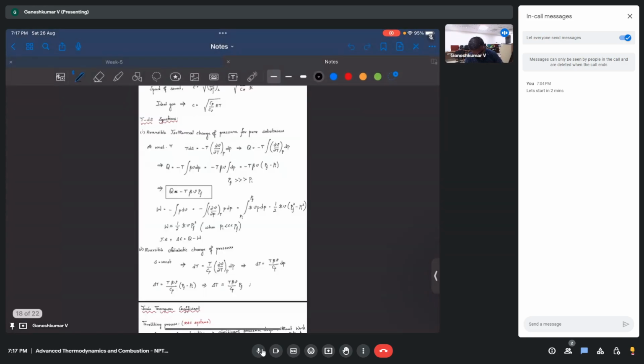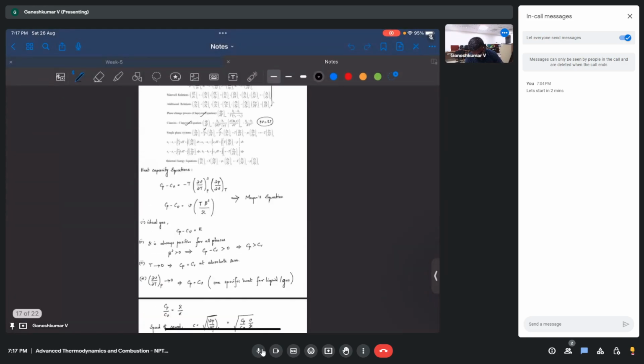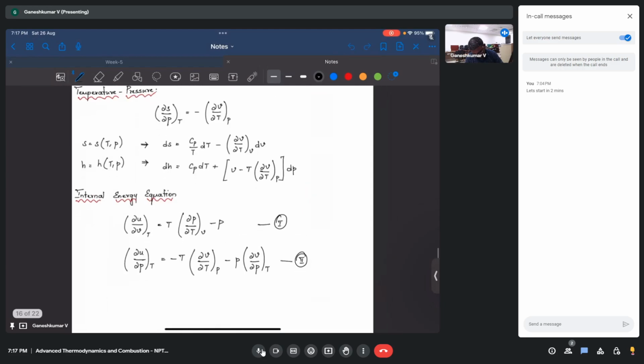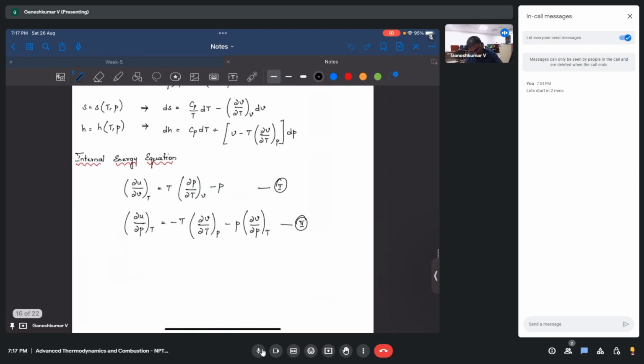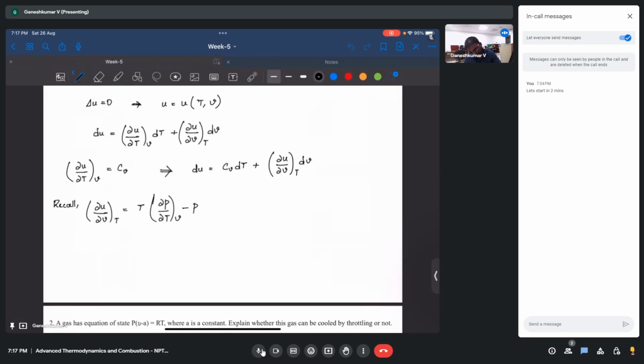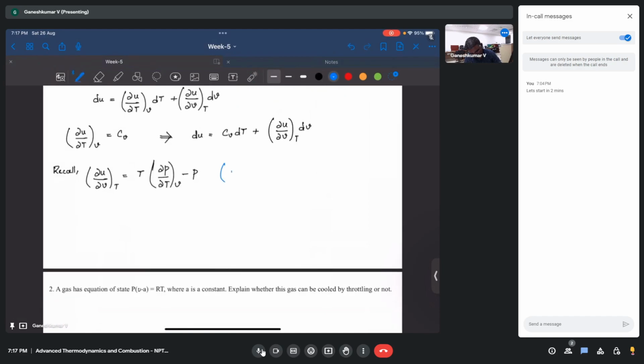So this is the equation, right? These are the two internal energy equations, and I'm using the first one. Let me just write it here also. Right, so this is the first internal energy equation.